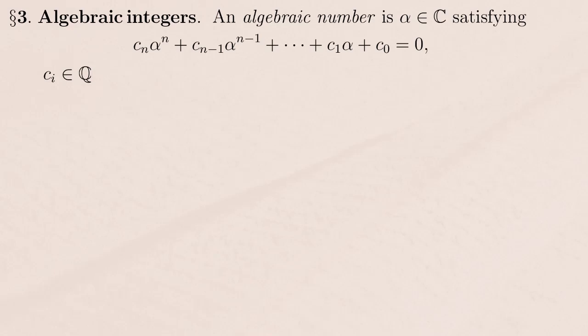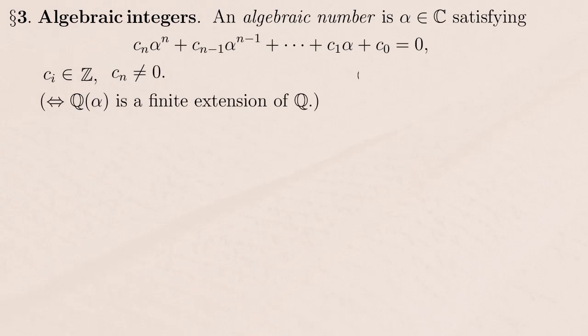In fact, by multiplying through by the denominators, we might as well assume right from the beginning that they're integers. And to make sure this equation is non-trivial, I'm going to insist that the top coefficient is non-zero. This criterion is equivalent to saying that if you start with the rational numbers Q and you adjoin alpha, the field you end up with is finite dimensional as a Q vector space. So we call this a finite extension of Q.